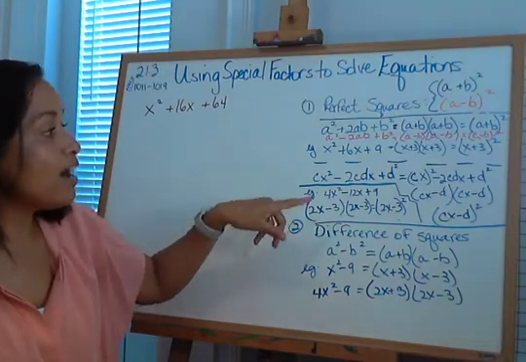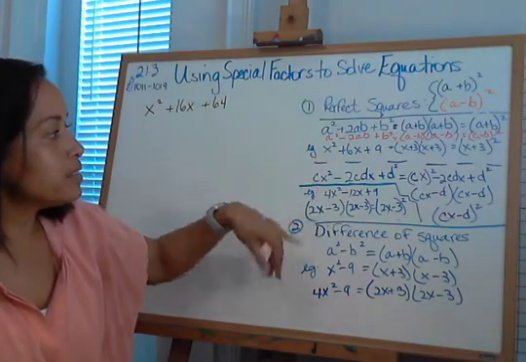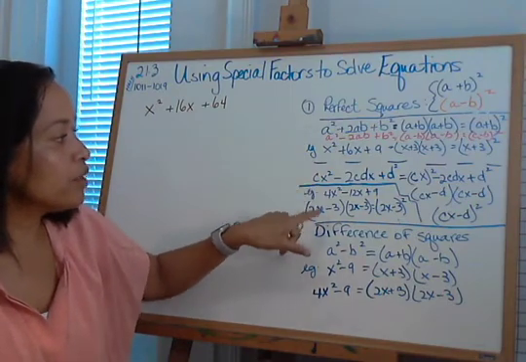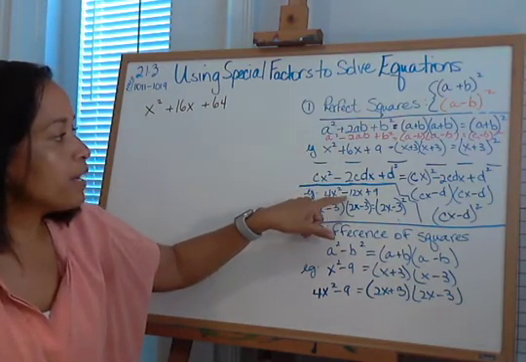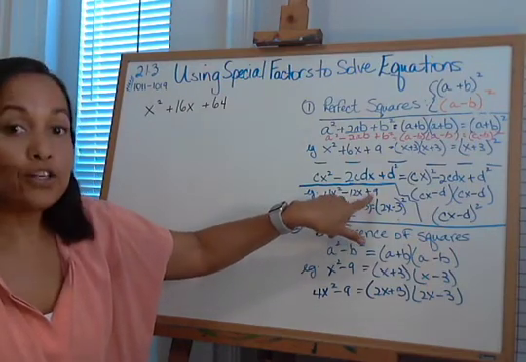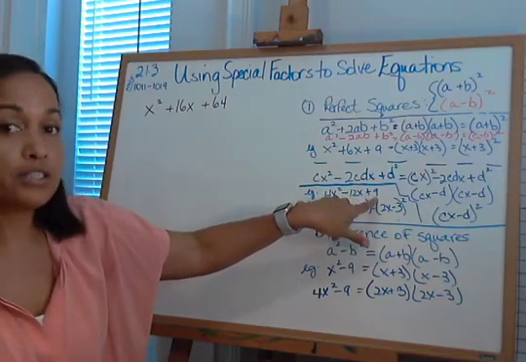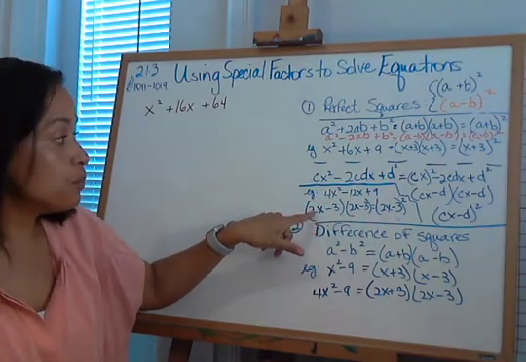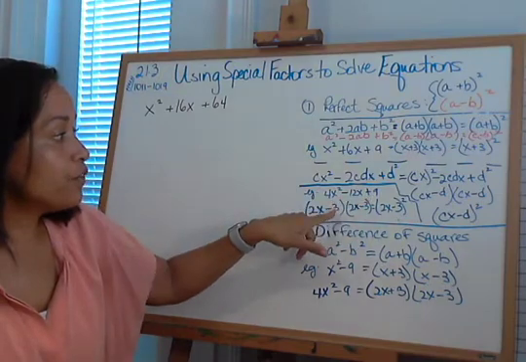You can write it like this, or you can write it in the squared format. Similarly, when you have the minus, here we're going to have one with a coefficient, a number in front of the x squared: 4x squared minus 12x plus 9. I'm going to first take a look at the first and the last terms and see if they're squares. Well, 4 is the square of 2, and 9 is the square of 3.